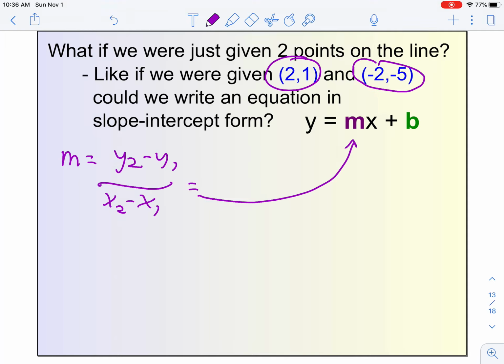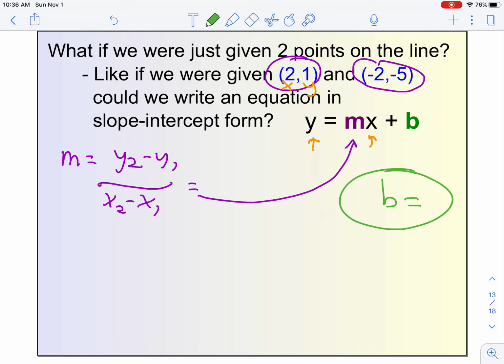So yes, we could calculate the slope and put it in here. Then all we would need to do is the exact same thing we just did. Once we have our slope, we put it in here, and then we can take either one of these points, the x and y values, and put them in here with the slope to find your b.